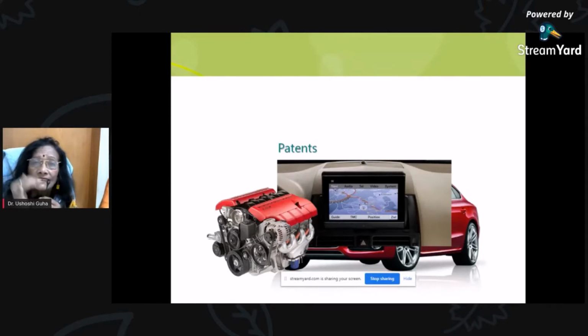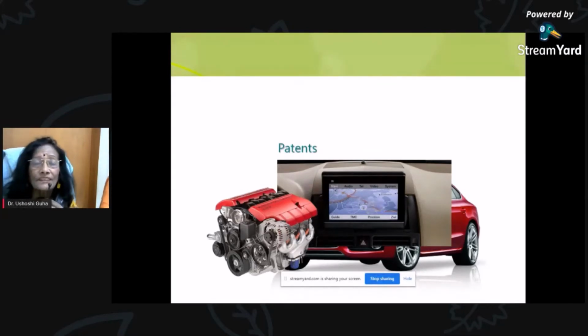So under one umbrella of IP, one particular device, that is a car which we see running on the road, which we own, which we feel like buying, can have all these four kinds of IP, and it has to have. So any device that has an outer look and inside instrument: outer look is design and inside technology is patent.